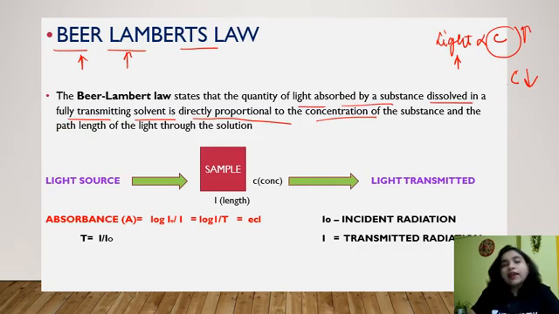Clear? And according to Lambert, the amount of light absorbed is directly related to the path length. This is path length. Whenever we combine both of them, we get a common law, which states that the light absorbed by a substance dissolved in a fully transmitted solvent is directly proportional to the concentration of the substance and the path length of the light through the solution.